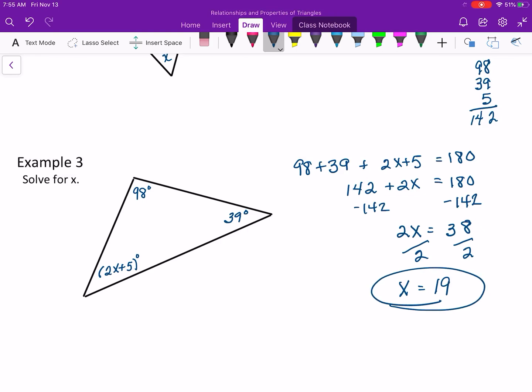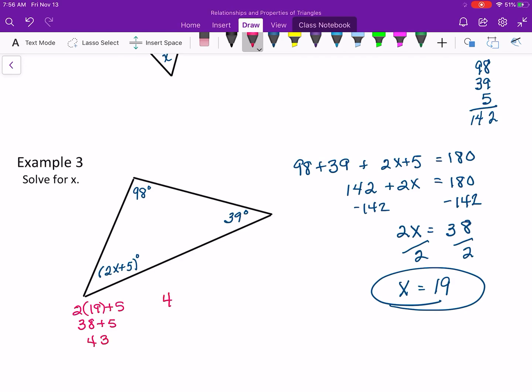Now, how could we check that and make sure that we haven't made a silly little mistake? Well, hopefully you're already thinking in your head, well, plug that 19 in for x and see if it works. So that's 38 plus 5, that's 43.